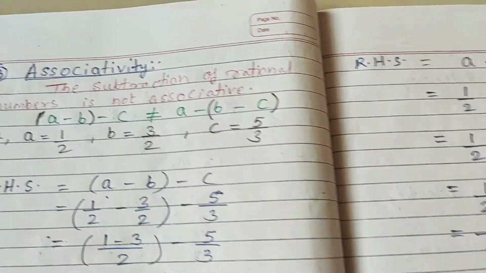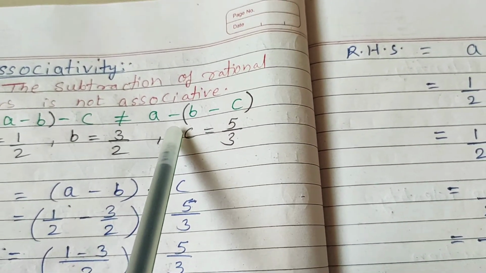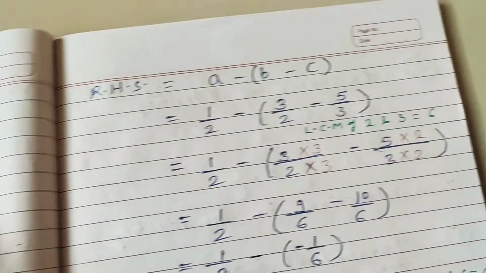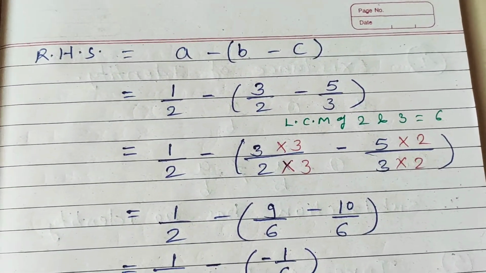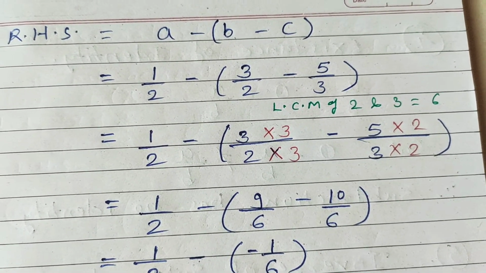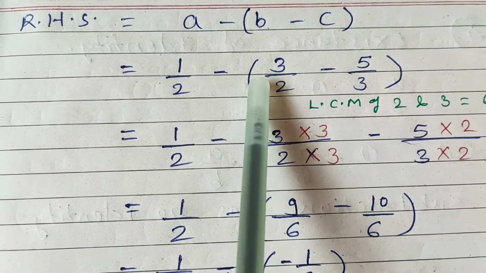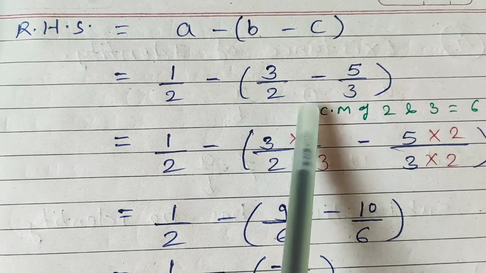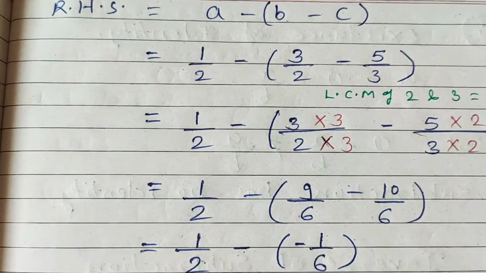Similarly we are going to solve for the RHS, A minus, in the bracket, B minus C. The values of A, B and C are the same as we took for the LHS. Only the sequence of subtraction we are changing here. First we are subtracting the last two, and then whatever the answer is, it is subtracted from the first at the end.